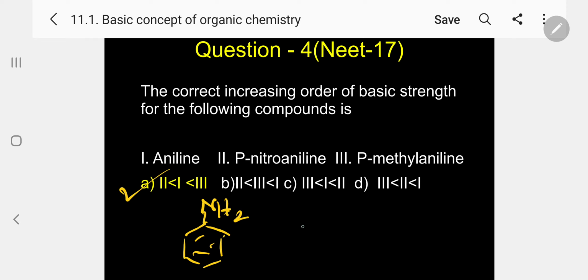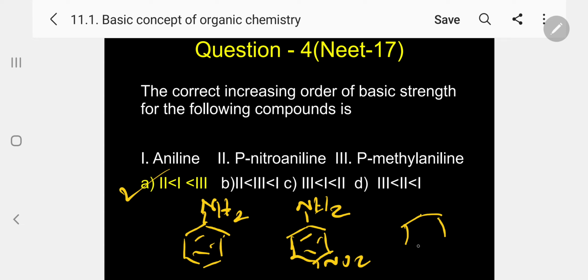The second is para-nitroaniline, with an NO2 group in the para position. Then para-methyl-aniline. Kindly follow.